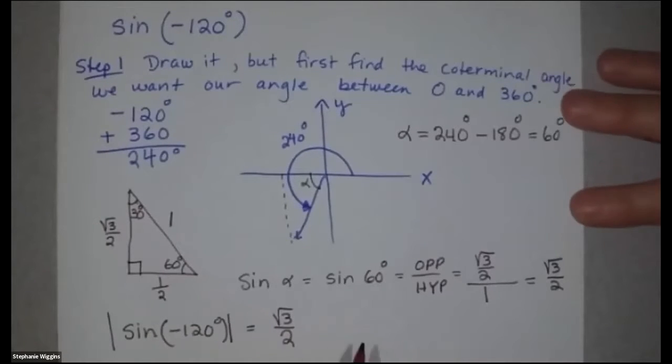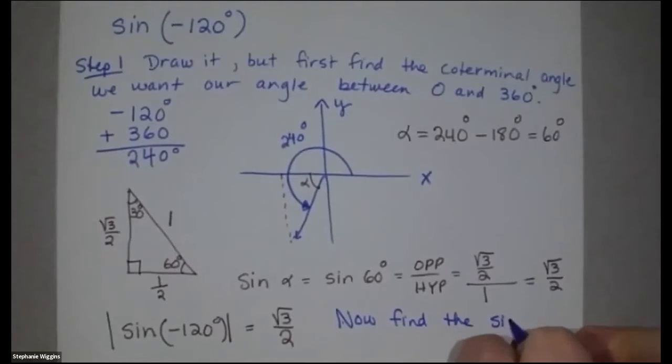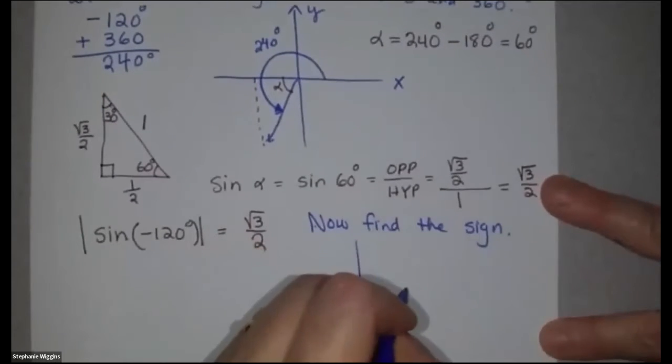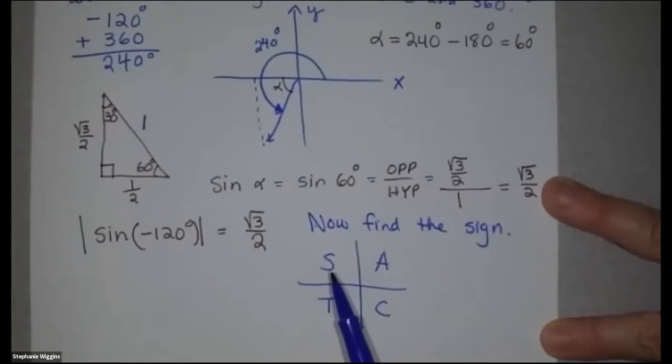So the last step is to find the sign, okay, positive or negative. So if we look at our All Students Take Calculus, the function that we're interested in is sine.